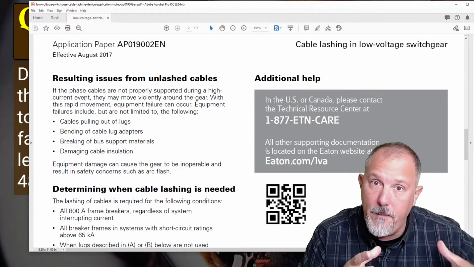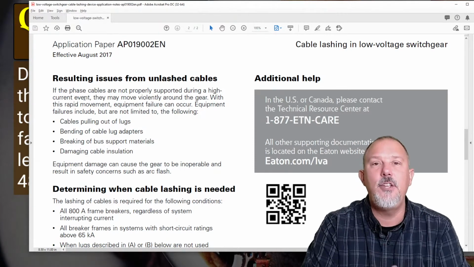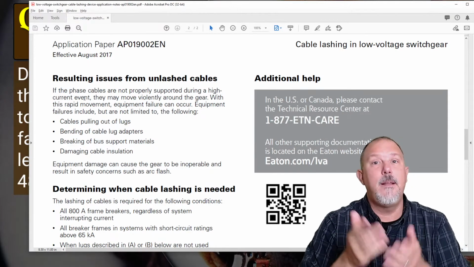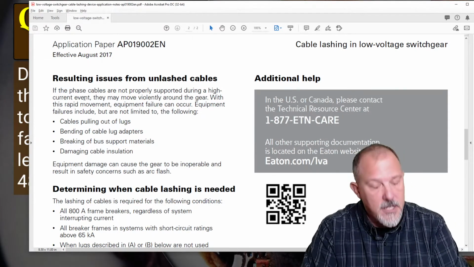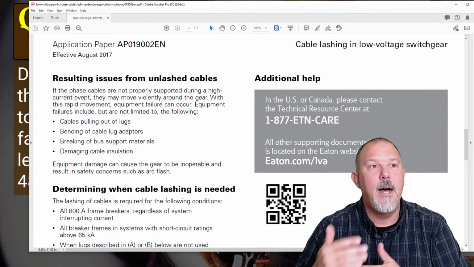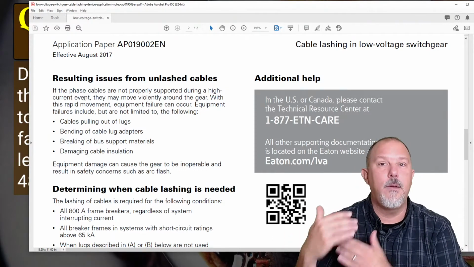So in equipment, especially, let's say you are selectively coordinating your system, which we know in many cases the bolted fault current, and if you're using circuit breakers, right? Especially on circuit breakers. Remember, fuses, because of a 2-to-1 ratio, there's a very good chance I'm still in the current limiting region of the fuse, and I will relieve that pressure.